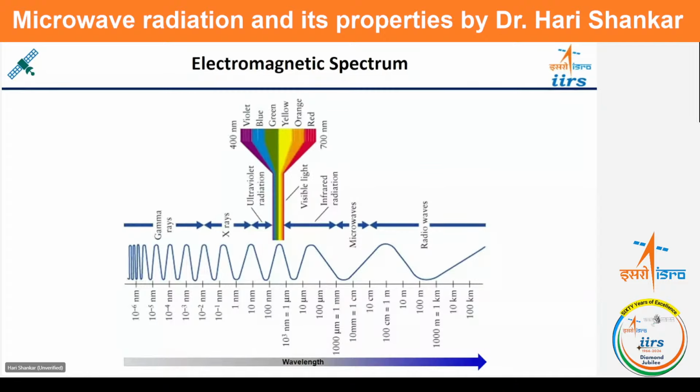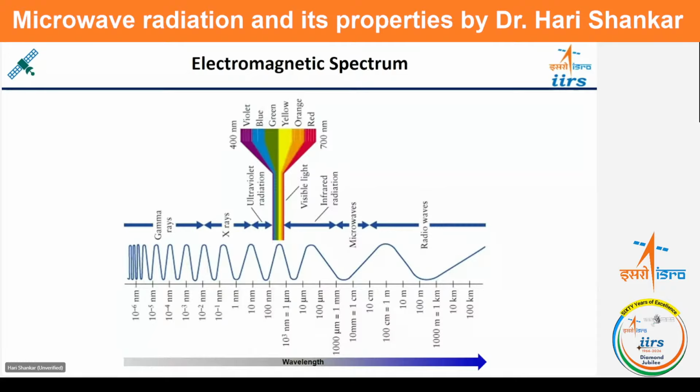If we choose space as a platform, the electromagnetic signal moves between the satellite and the earth, and then the signal goes back from the earth surface to the sensor.